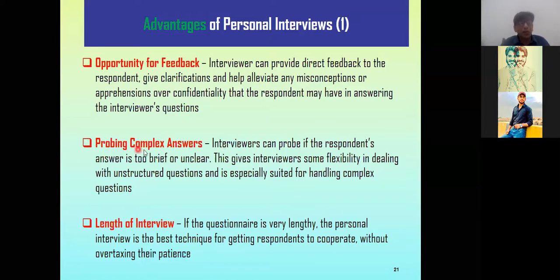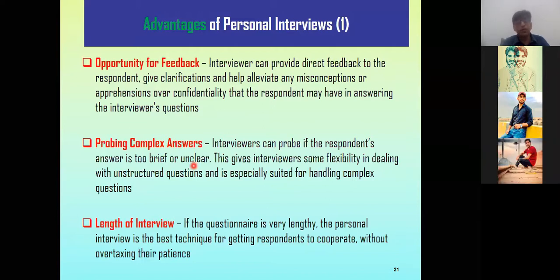Probing complex answers. In the interview, you can probe the people. The interviewer can probe if the respondent's answer is too brief or unclear. If the answer is very unclear or very brief, you can ask more questions. Here the unstructured interview is very useful, because you can ask different questions in order to probe.